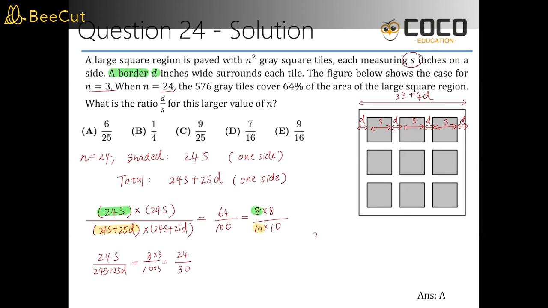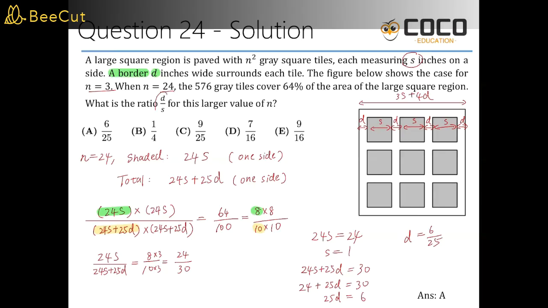So if you let 24s equal 24, s equals 1, then 24s plus 25d will equal 30. This is 24 plus 25d equals 30. 25d equals 6. So d equals 6 over 25.